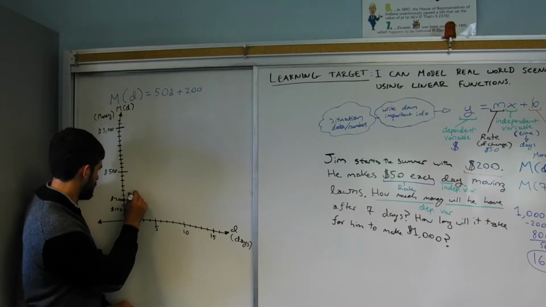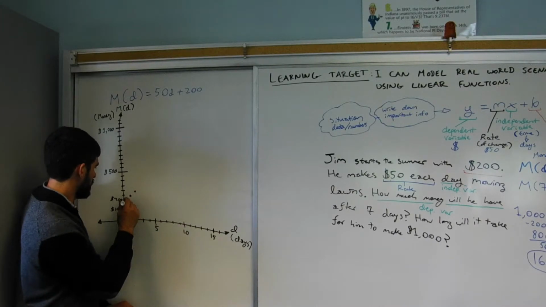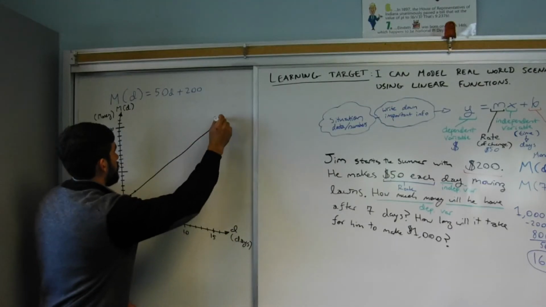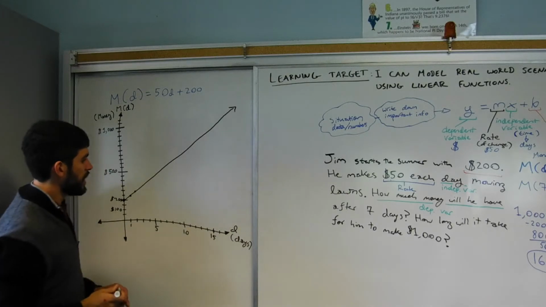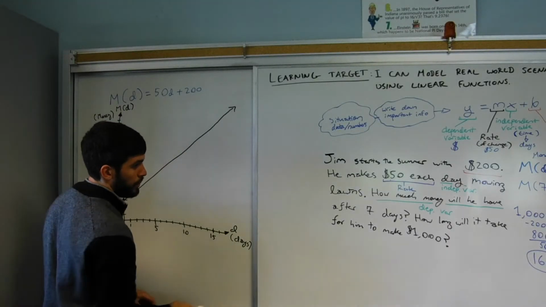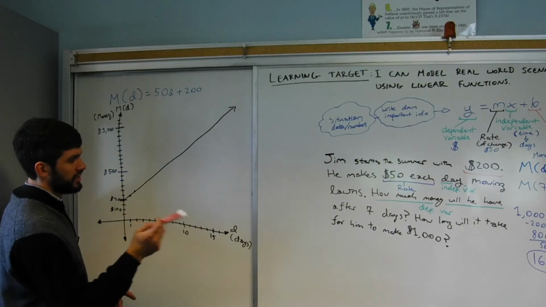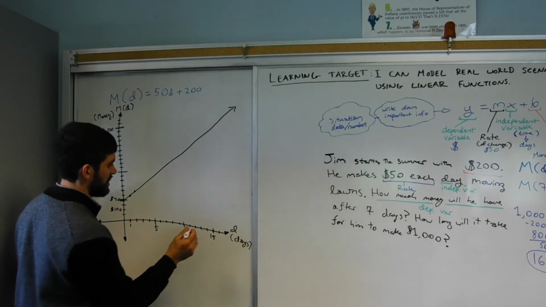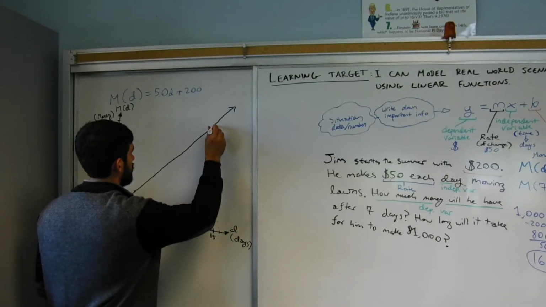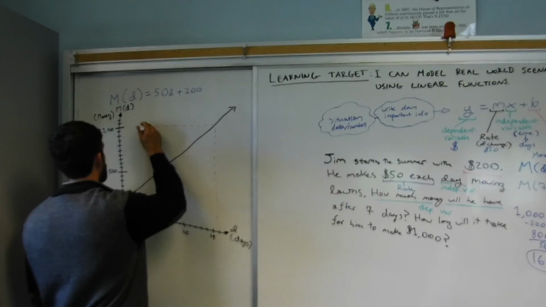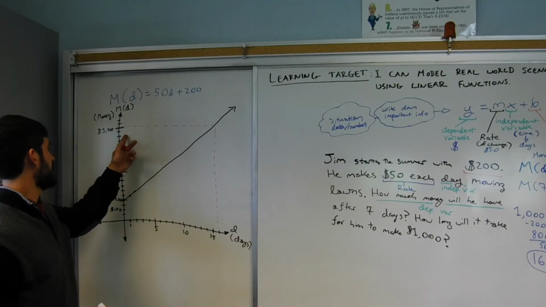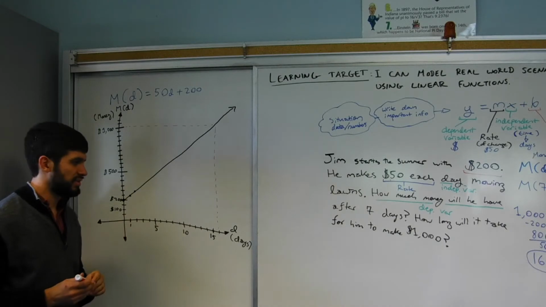After 2 days, we'd have $300, etc. And then we could just connect the dots with a line. I know this graph isn't perfect because I didn't use a ruler, but we can kind of check. We said in 16 days he'll make $1,000. So if we go up 16 and then go to the left, I guess I actually did do a pretty good job. After 16 days, he will have $1,000.